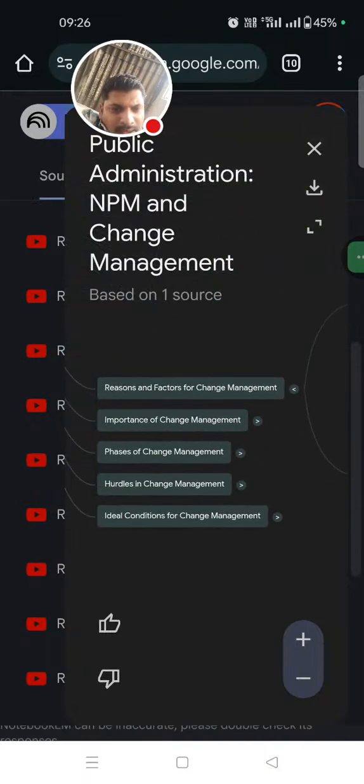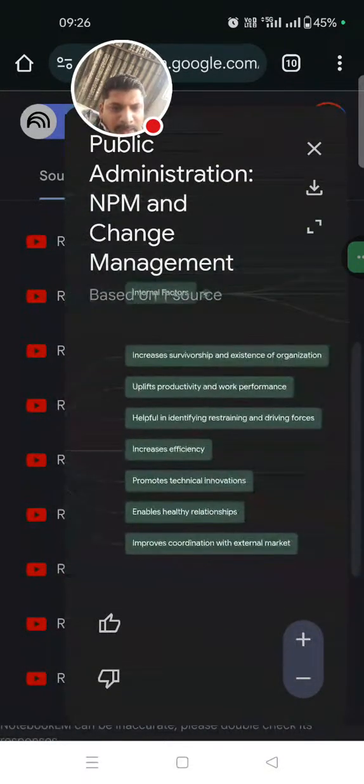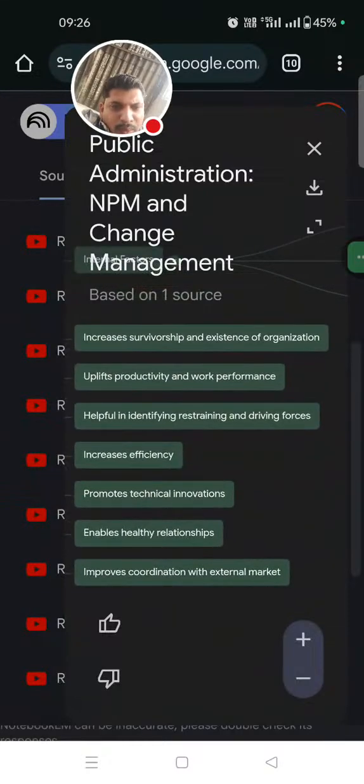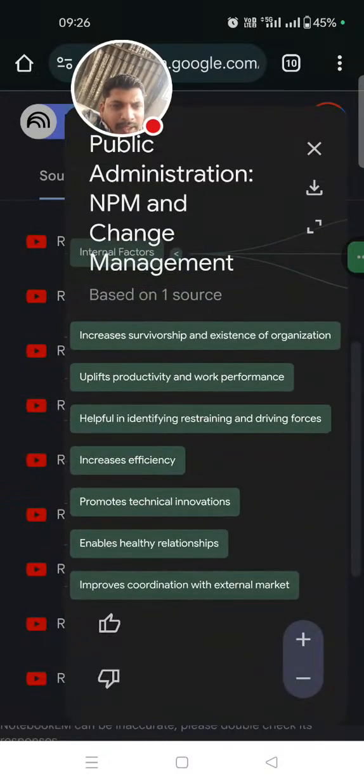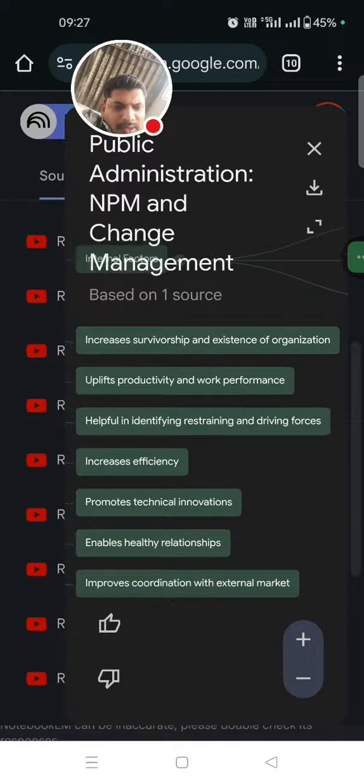Then comes the importance of change management: increases survivorship and extent of the organization, uplifts productivity and work performance, helps in identifying restraining and driving forces, increases efficiency, promotes technical innovation, and enables healthy relationships and improved conditions with the external market.